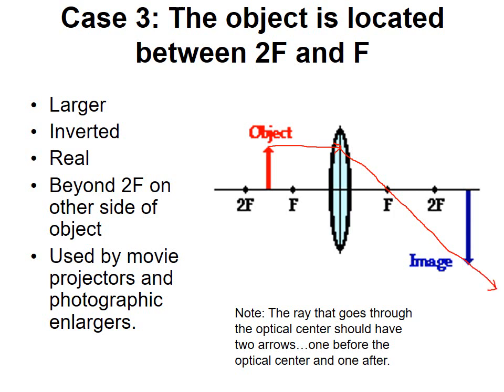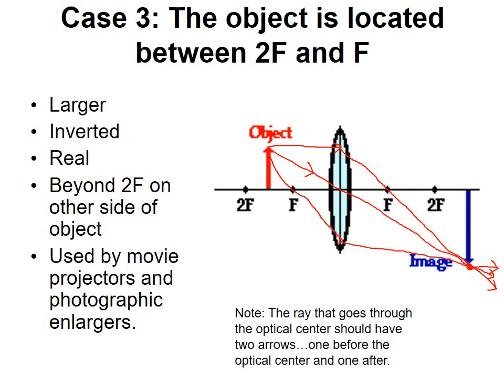You're then going to do one ray that goes from the top of the object through the focal point, hits the axis of symmetry, and refracts such that it's parallel to the principal axis. And where they meet is where the top of the image should be. We'll do our double check ray though, right through the optical center, and it meets up with the other ones over here. Make sure you have one arrow before and one arrow after the rays of the optical center.